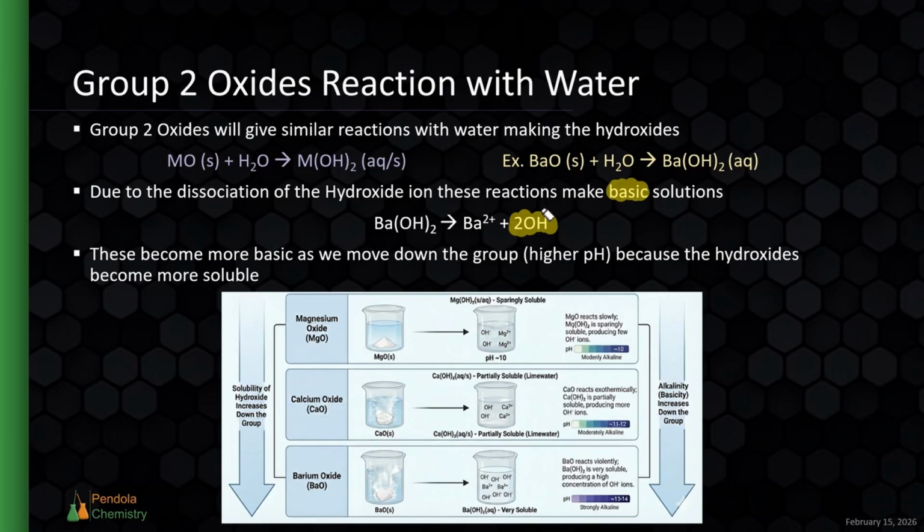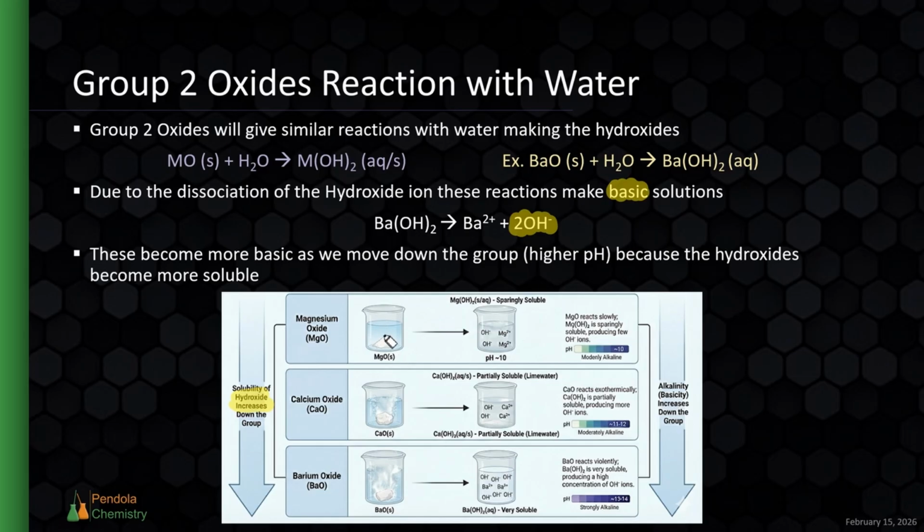So as we get more and more hydroxides, these solutions tend to get more basic. And that we can see in the solubility down the group. The solubility of the hydroxides increases down the group, meaning that as we go from magnesium hydroxide to calcium hydroxide to barium hydroxide, and so on, we get more and more soluble hydroxides.